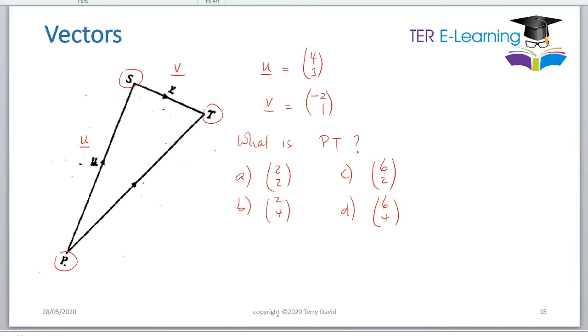They give us a vector diagram, the points P, S, and T, and the vectors U and V. What is the vector PT?